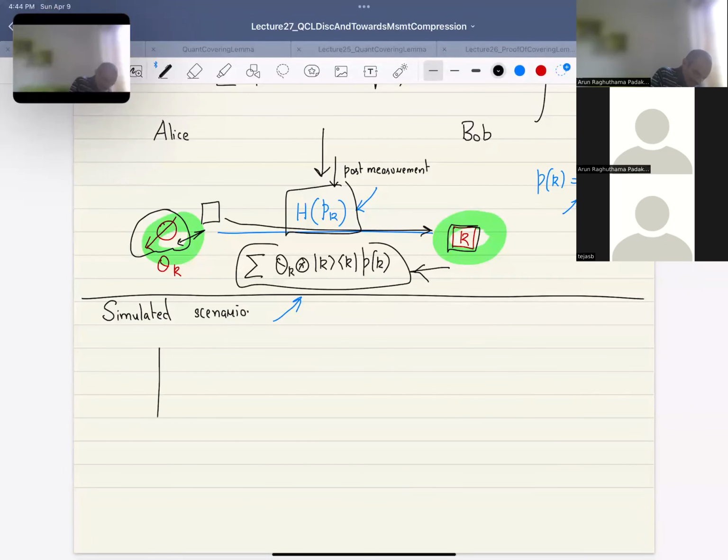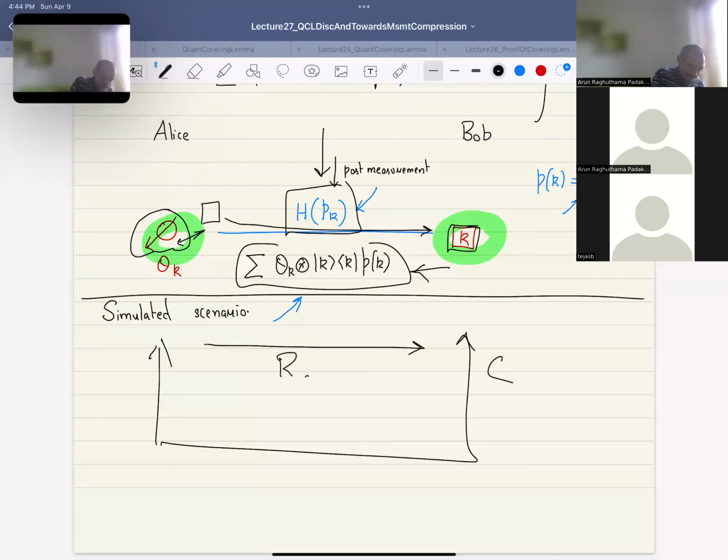Now I'm giving both of them some C bits of randomness, and I've reduced the capacity of the wire to R. But I've ensured that the classical register at Bob and the quantum register at Alice are exactly in the same way as if I had used this H of pk.